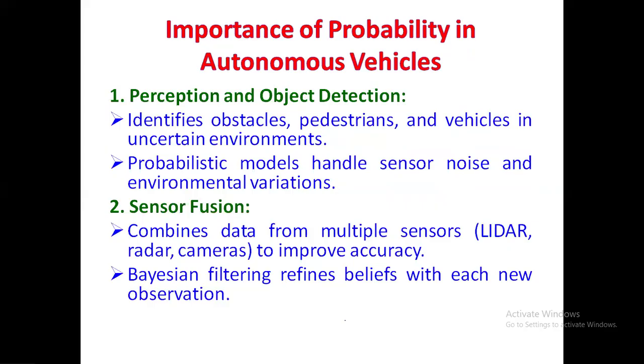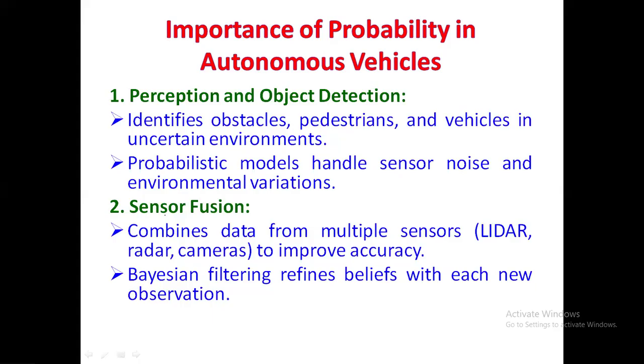Next, what is the importance of probability in autonomous vehicles? In the previous slide, we discussed uncertainty, and that uncertainty occurs in the autonomous vehicle system. Why is probability important here? Consider perception and object detection.